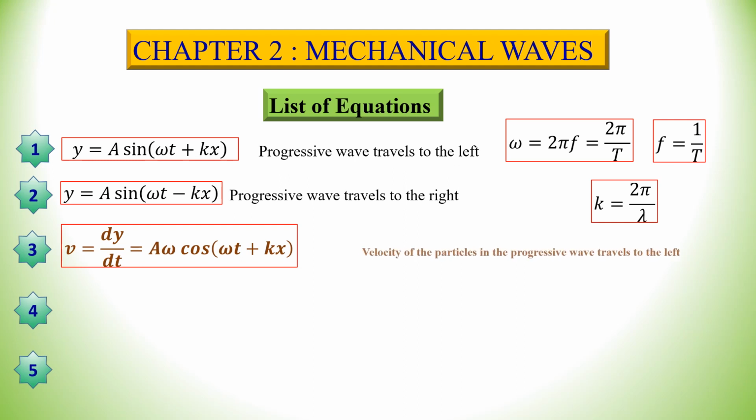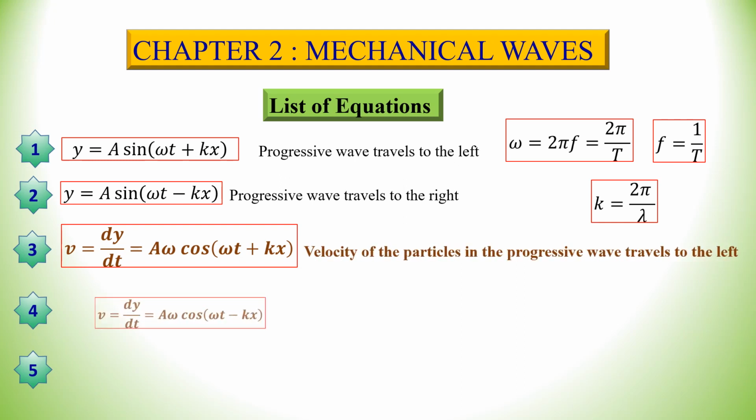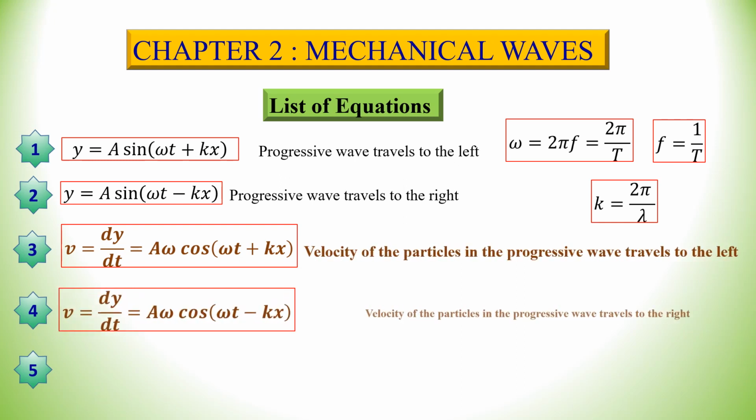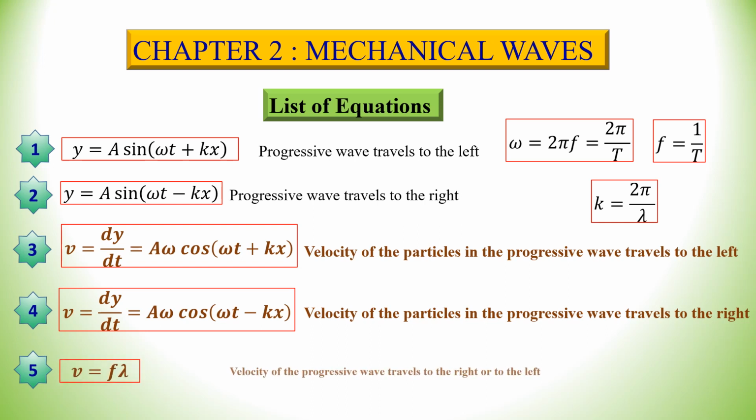For this week, we're going to discuss chapter 2, mechanical wave. So list of equation, refer to number 1, and we use y equals to a sine omega t plus kx if our progressive wave travel to the left, so we use positive kx.